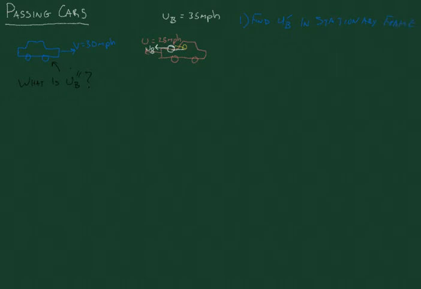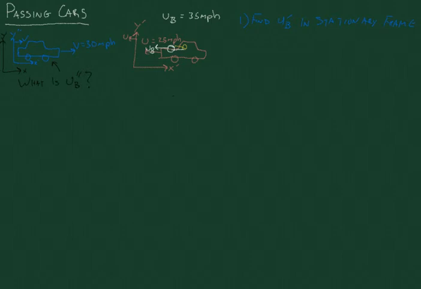First, we have the frame x prime y prime of the car. We have our stationary frame to somebody outside of x and y. And then we also have another frame, x double prime, y double prime, which is the frame that's moving with the other car. Okay, so we have three different reference frames here.